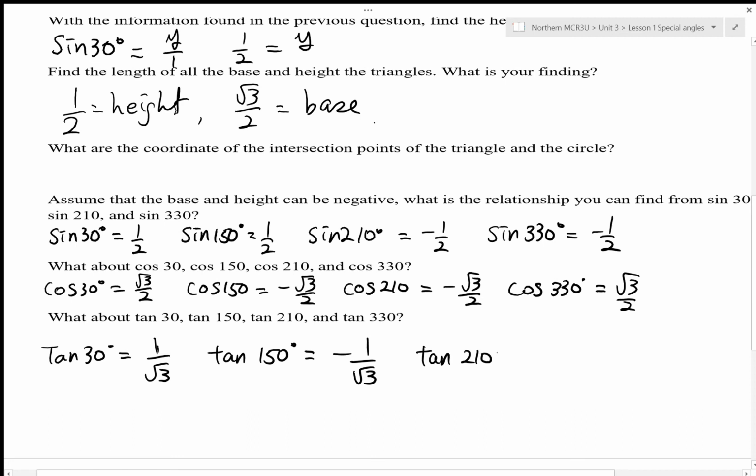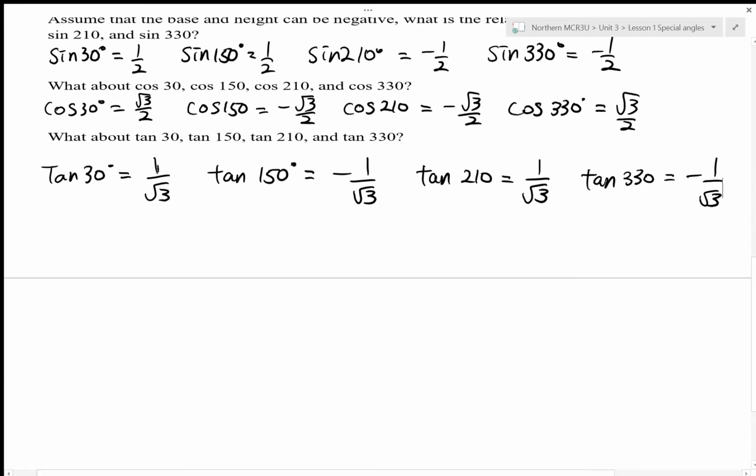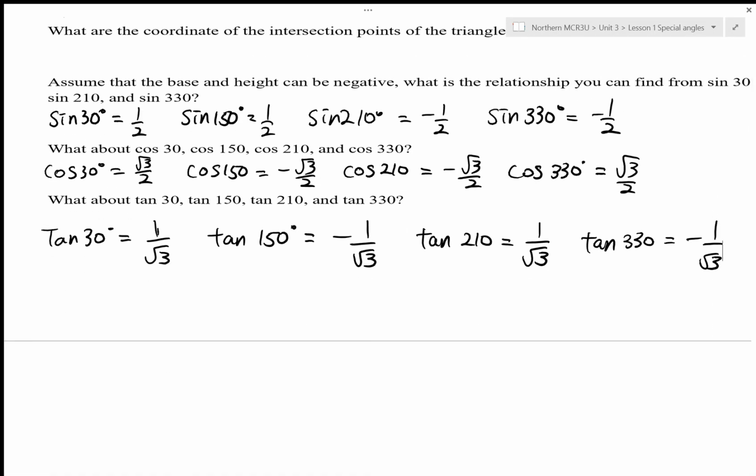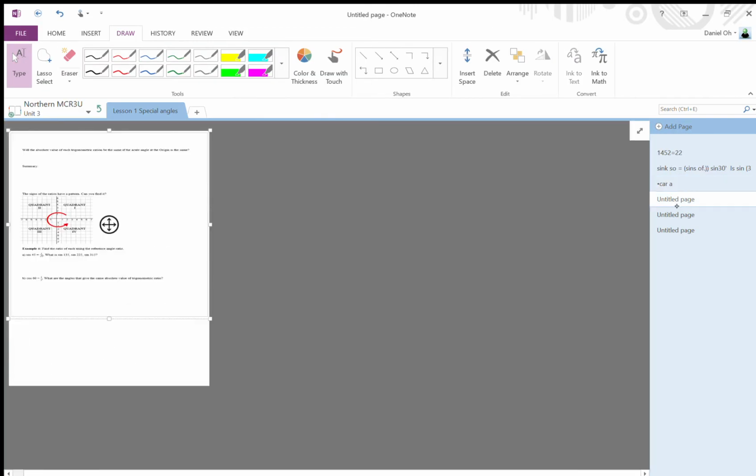Tangent 210, that will be positive. And then tangent 330 will be a negative 1 over square root of 3. So for the tangent section, I want you to take a look at the triangles. I want you to figure this out on your own, okay? Now, one thing that you have to remember is where the negatives are happening for each ratio. So let's go to the next.